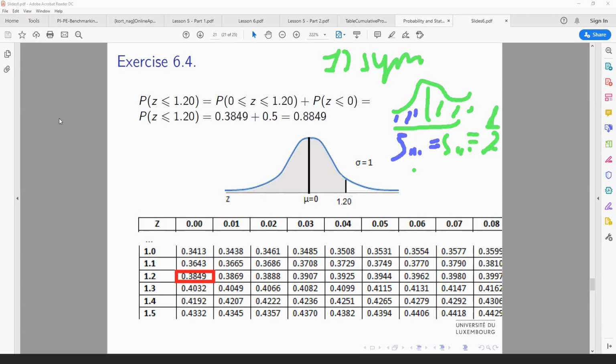Was it intuitive for you, Patrick? You use two features of the normal distribution: that it's symmetric and that the total area under the curve is equal to 1.